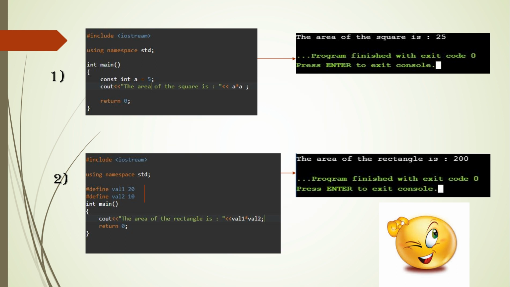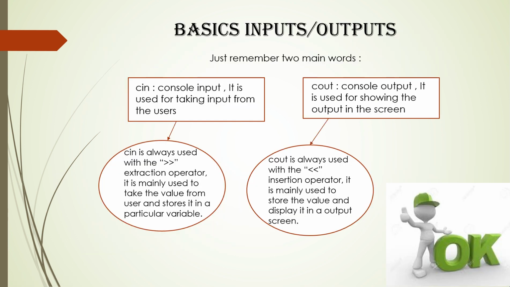Throughout the whole program, the values for val1 and val2 will be 20 and 10 respectively. Hence I computed the area of the rectangle and got the output. I recommend that you also try both of these programs by assigning different values and running them to get the output. So now moving into the next slide, and that is basic input and output.